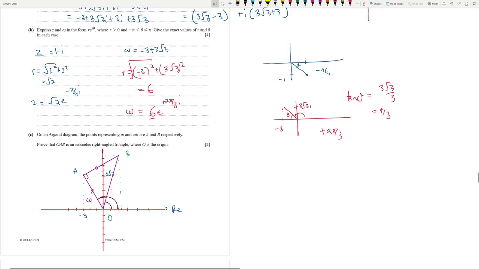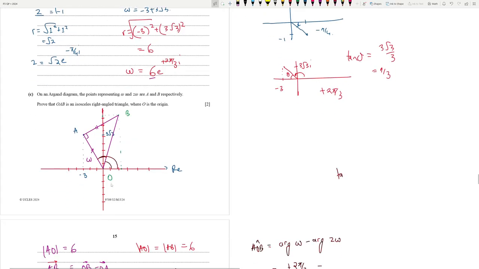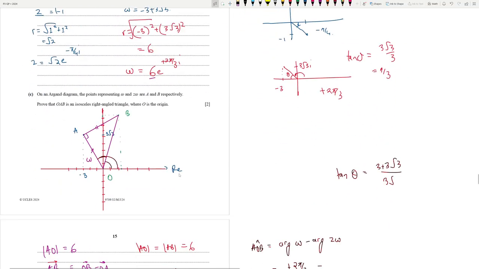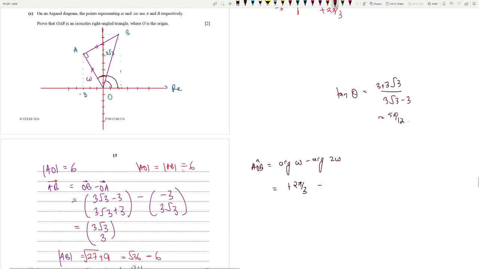Oh, you can easily find it out like this. It's just tan theta is equal to opposite, which is 3 plus 3 root 3 divided by 3 root 3 minus 3, tan inverse, 5 pi by 12 theta.